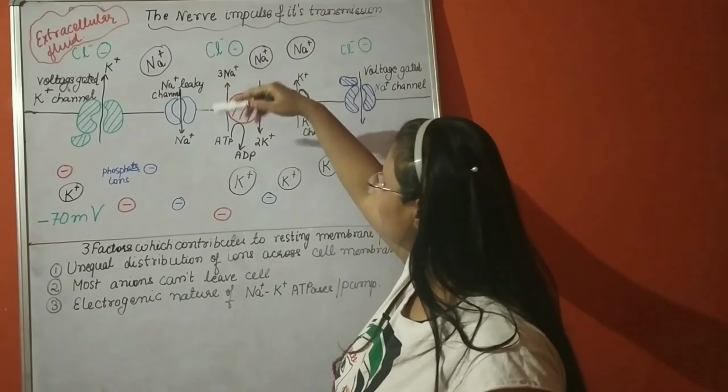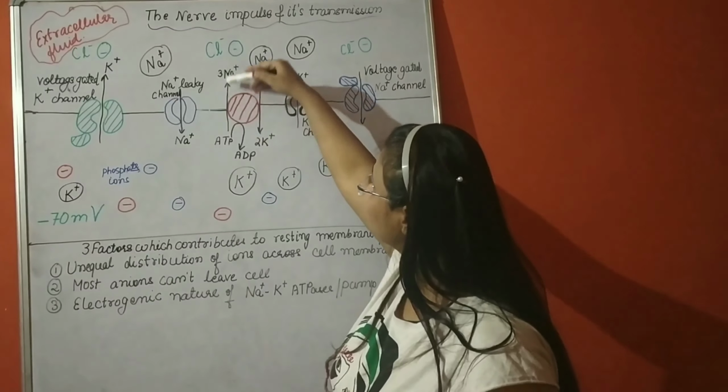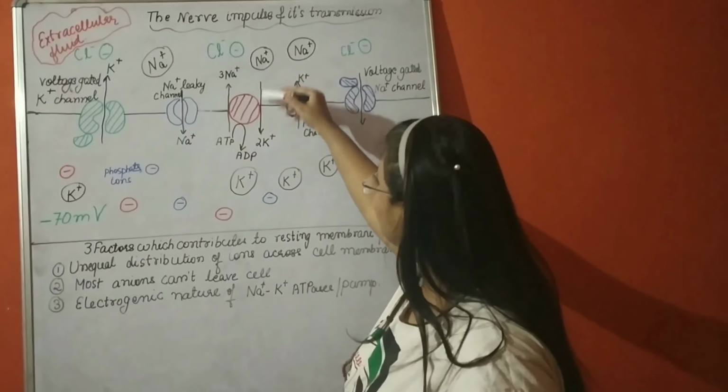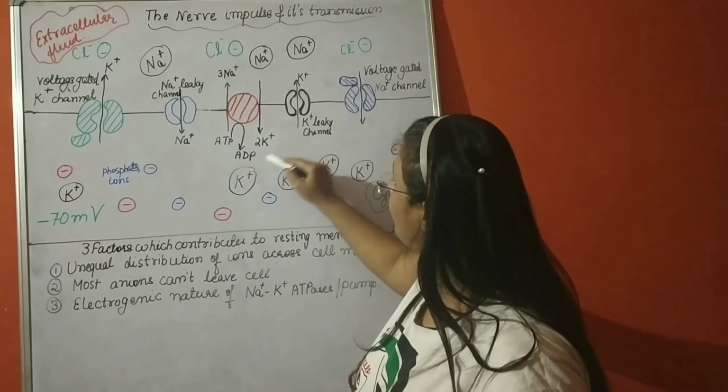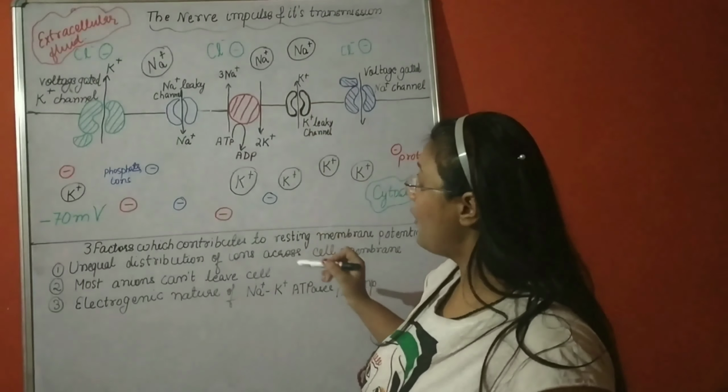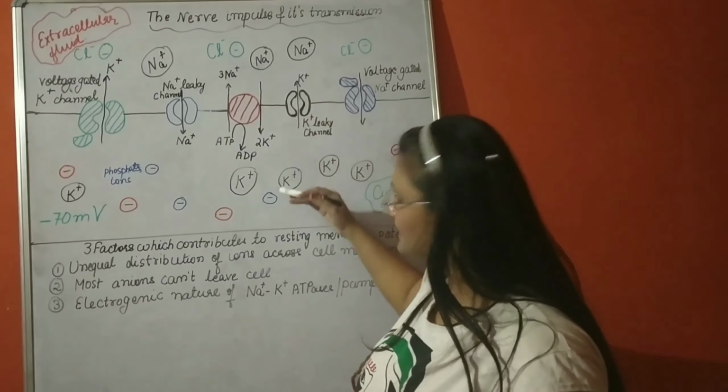So this is the function of this pump. It forces out 3 sodium ions and brings in 2 potassium ions inside. So that is how the potassium is kept inside.